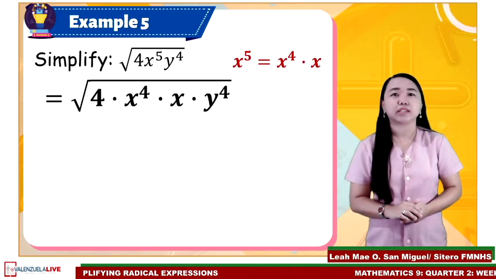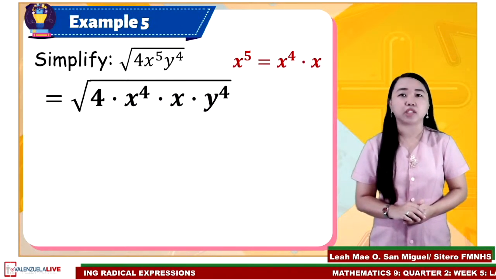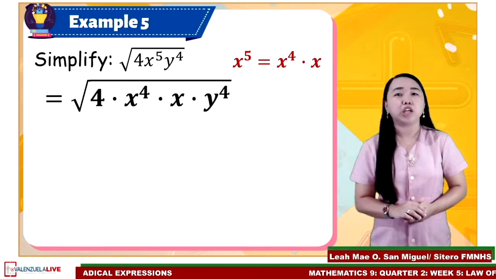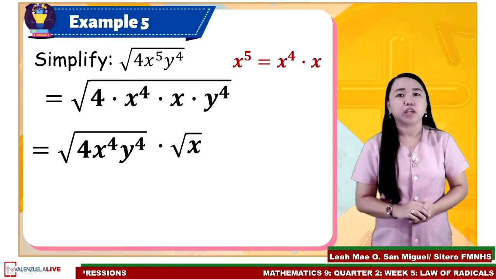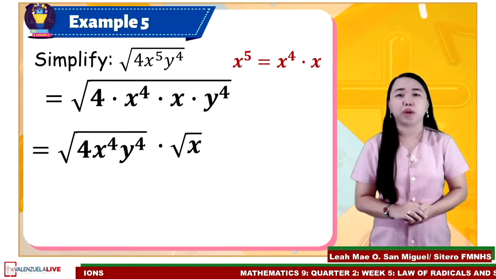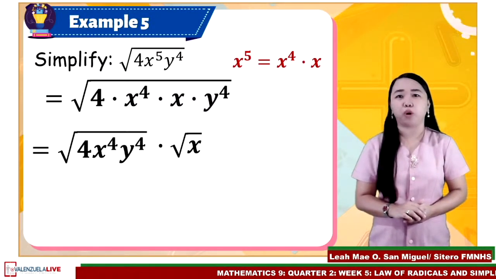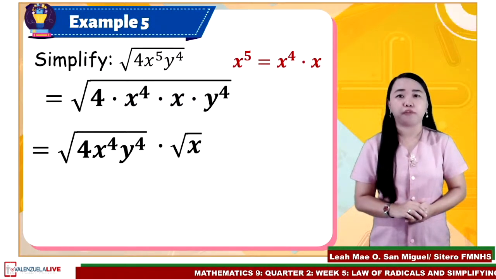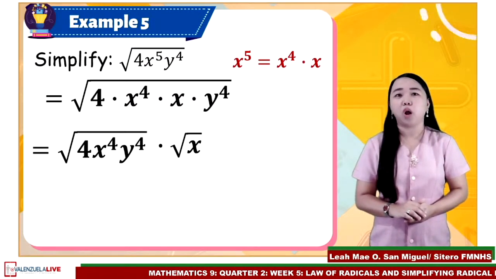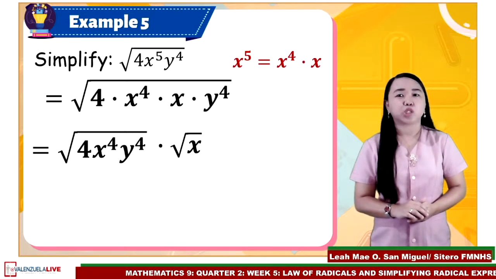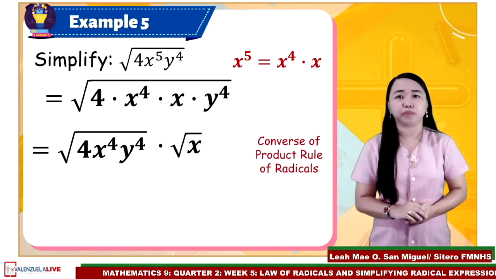Express this as a product of two radicals where the perfect squares are joined together in one radical. It becomes square root of 4x raised to 4 y raised to 4 times square root of x. Get the square root of 4x raised to 4 y raised to 4. Square root of 4 is 2.